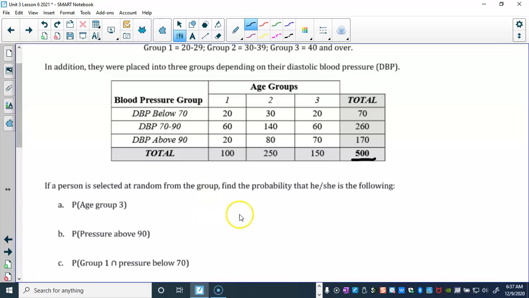So the probability that they're in age group 3 is 150 out of 500. The probability that the blood pressure is greater than 90 equals 170 over 500.